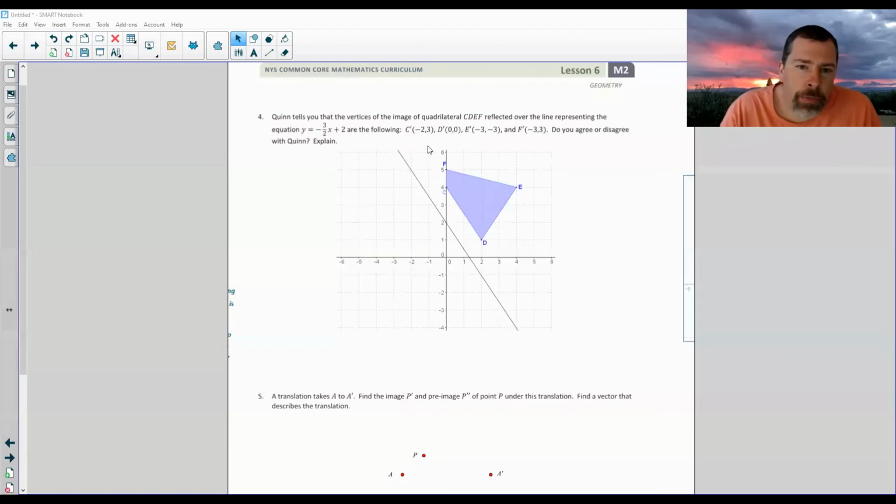All right, so let's look back at Algebra 1. If you have a line with a -3/2 slope, then you need to remember that in order for a line to be perpendicular, the slopes are negative reciprocals.